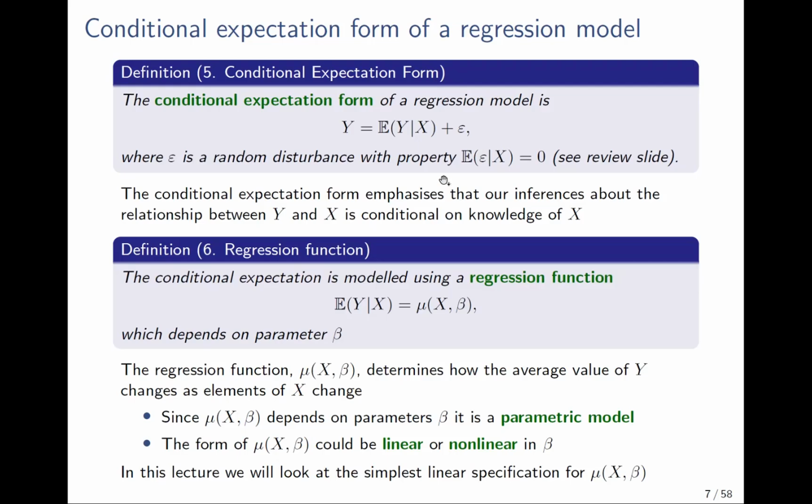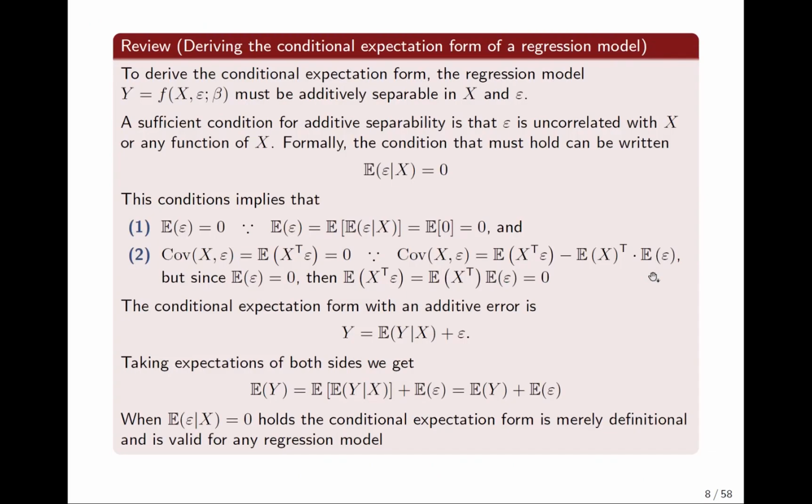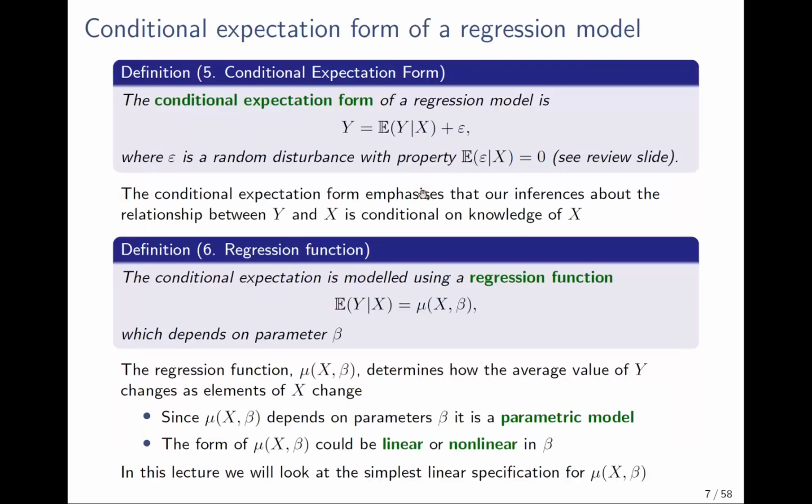Now, one of the assumptions we're going to make straight off is that the conditional expectation of the error term given the covariates is 0. In the review slide here, that explains what this assumption means. It's an assumption that's typically made in regression. What it boils down to is that the error term itself has expectation 0, so it's random noise varying around a mean of 0.